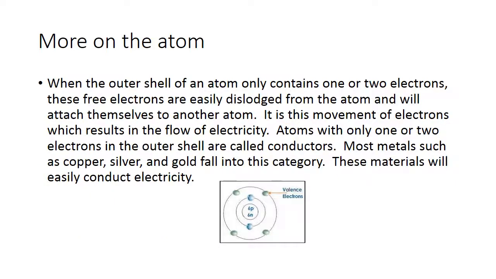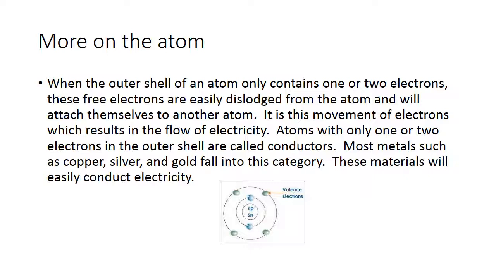So returning to the outer shell, the electrons that are contained in the outer shell are called valence electrons, and depending on the number of electrons in this outer shell, that sort of determines the electrical properties of the atom.